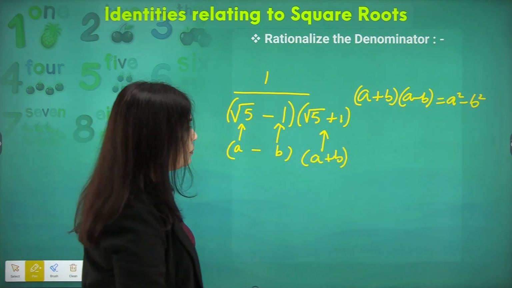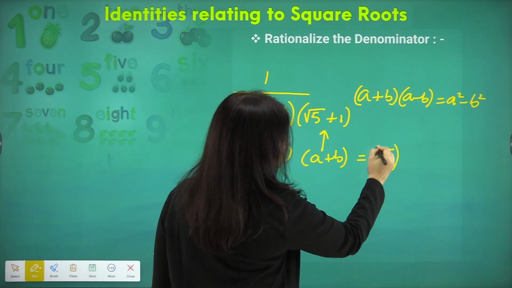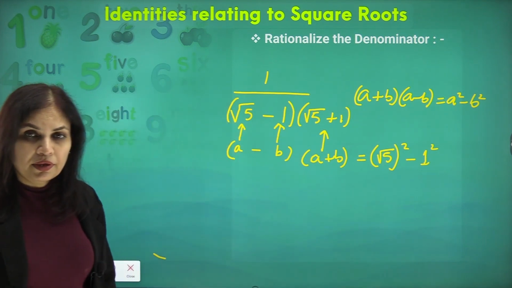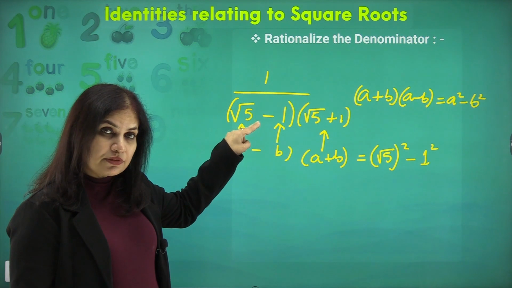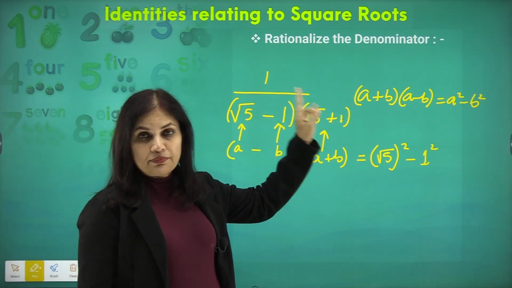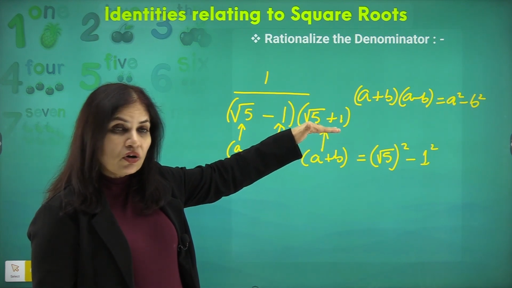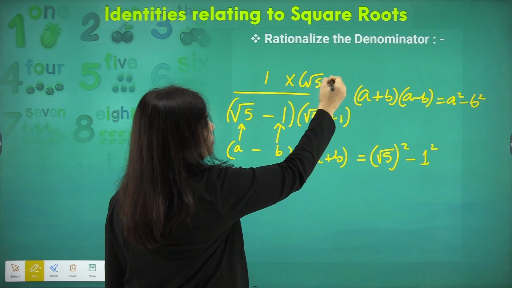The product would be root 5 whole square minus 1 square. Now, to remove the radical, I had already A minus B and I have to multiply with A plus B. But since I am doing this in the denominator, I have to do the same operation in the numerator as well.